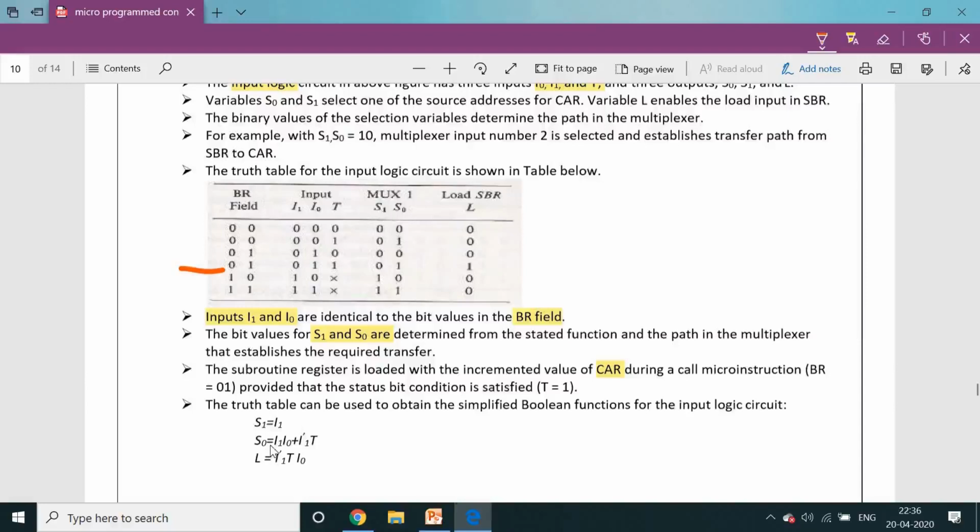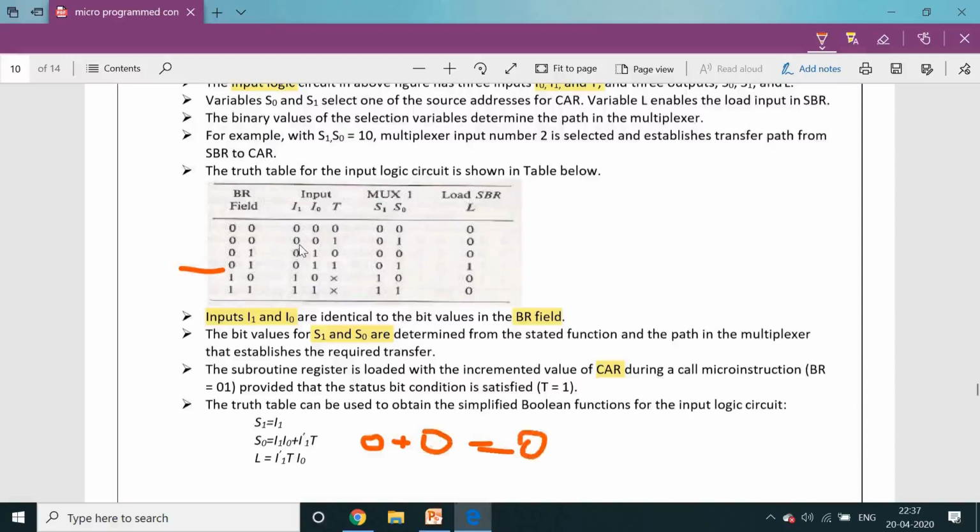Coming to S0: I0, I1 go through the AND gate. 0, 0 ANDed gives 0, plus I1 bar T. I1 bar means I1 is 0, complemented 1, and T is 0. 0 and 1 ANDed gives 0. So S0 equals 0.